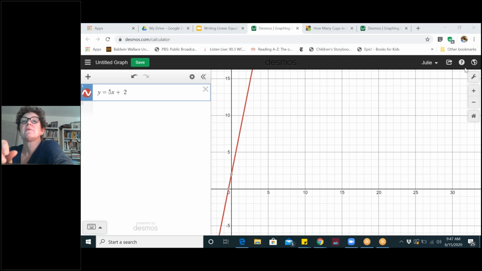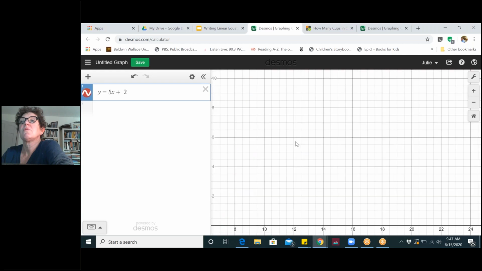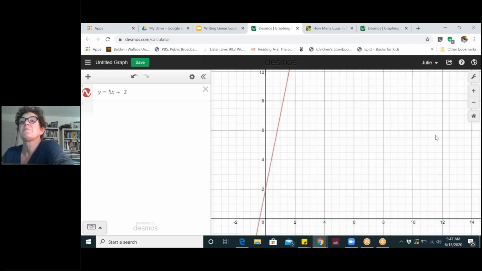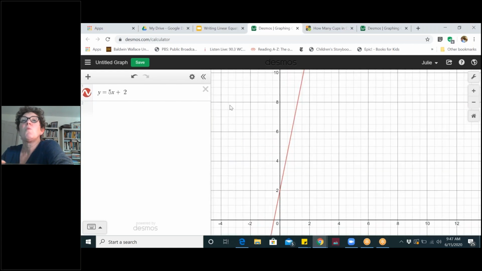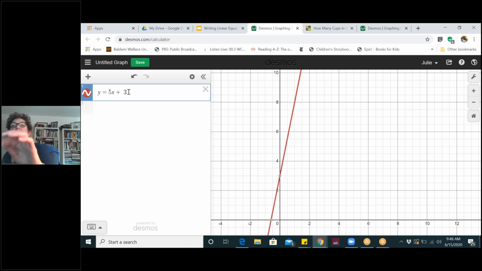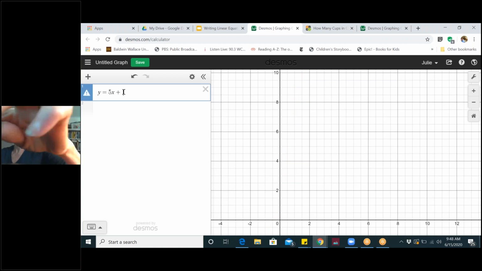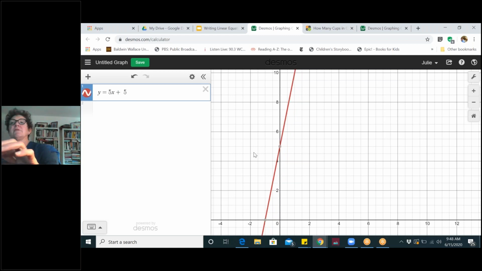I am going to go in a little bit. There we go. Watch what happens when I change the y-intercept. See how it jumps up? But change it again to 5. See how it moves the line right up here?